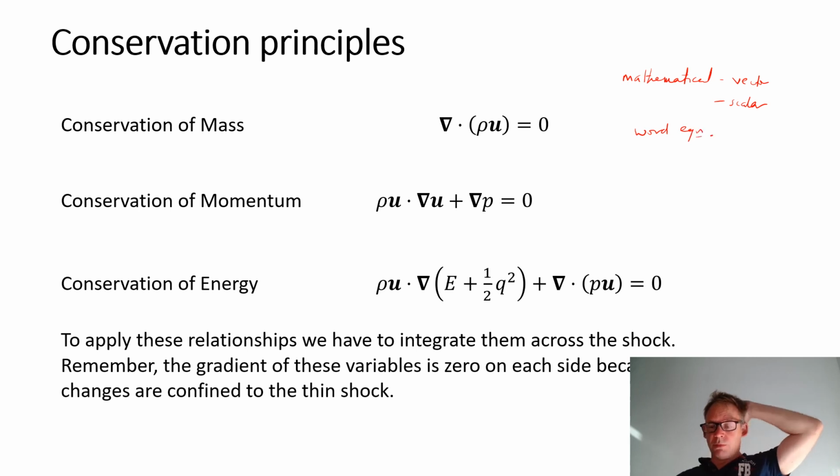Now, if you're not familiar with writing these out, there's not an expectation that you'll be very familiar, but there is an expectation that you understand the physical meaning of these terms.